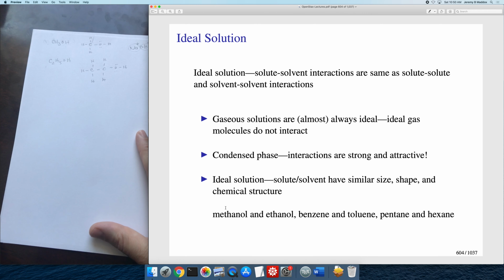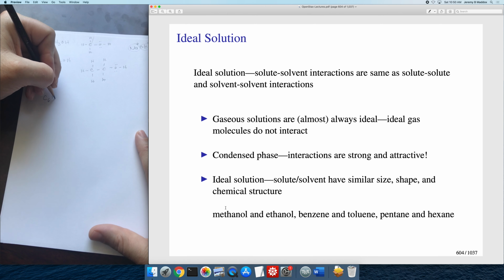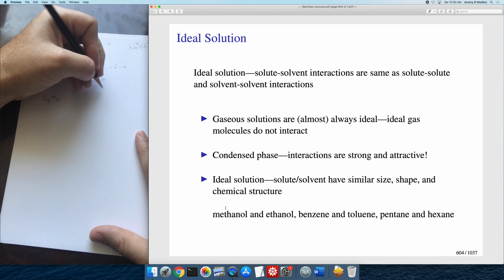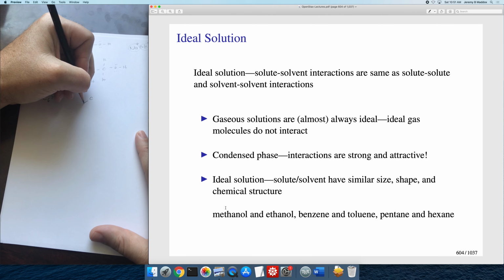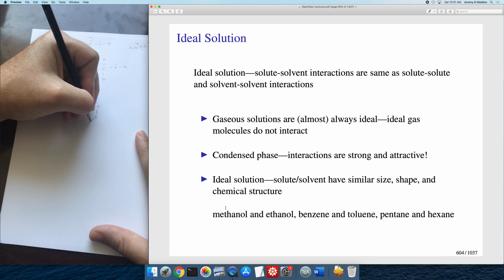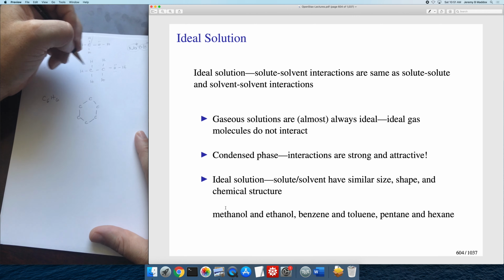Let's look at benzene and toluene. Benzene is C6H6. It's a solvent. Let me draw the structure here. It's an interesting structure. You may have seen it before when you did Lewis structures. It's a little ring of 6 carbon atoms.